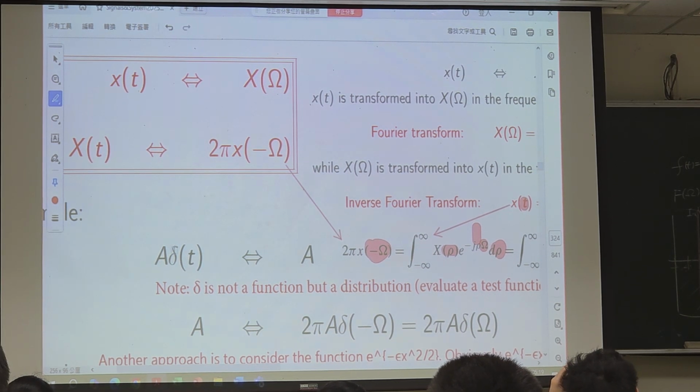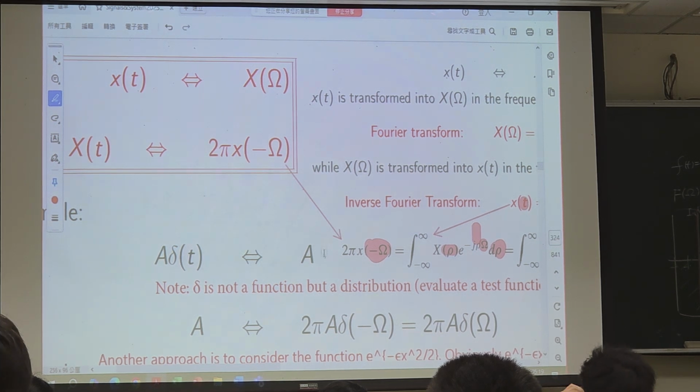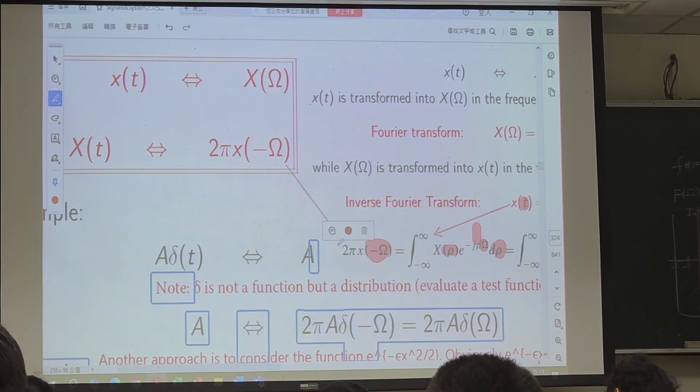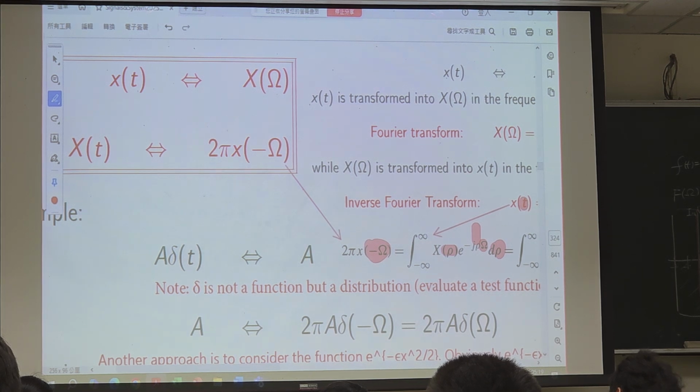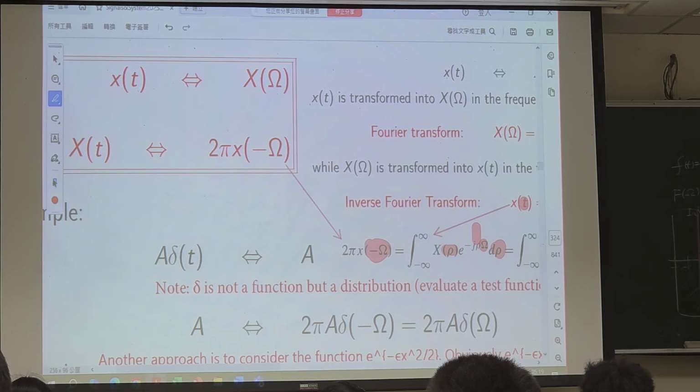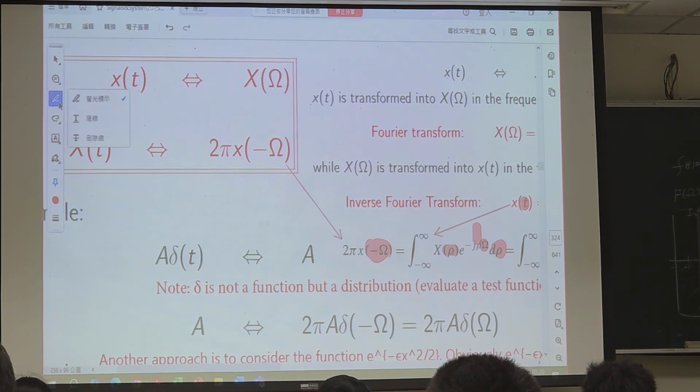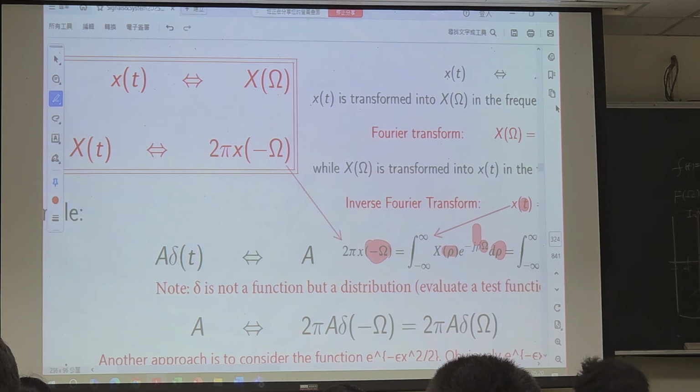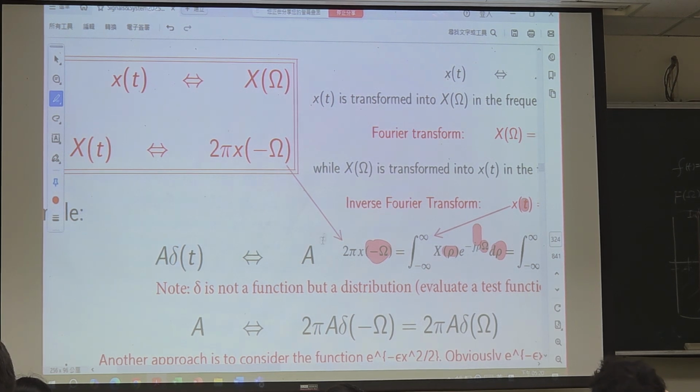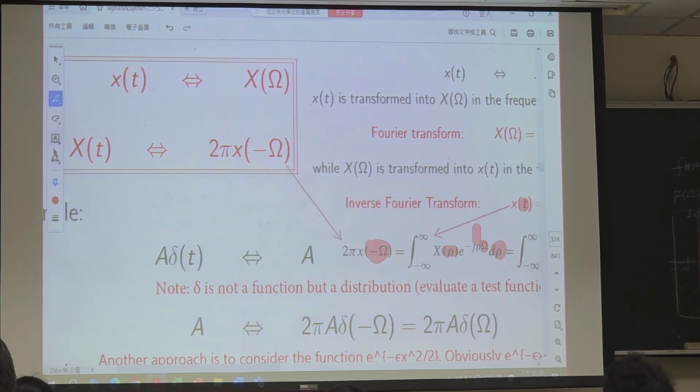If we take the Fourier transform of this build-up function, then the associated Fourier transform is 1. Actually, that's 1.